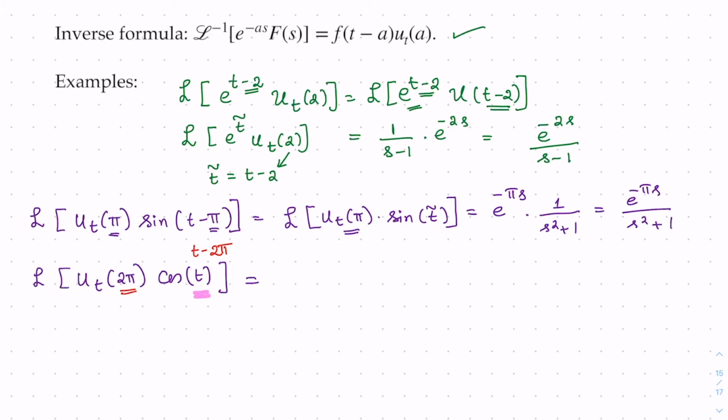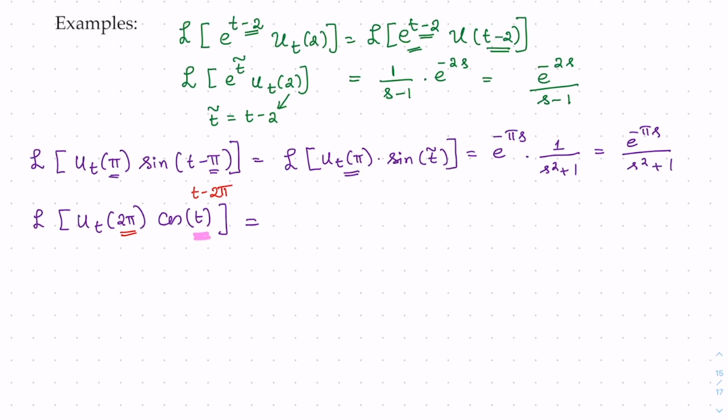But I don't have this t minus 2 pi. If you pay close attention, that's where you have to use your critical thinking and all the trigonometric formulas that you learned. As a matter of fact, cosine of t minus 2 pi is exactly the same as cosine of t.